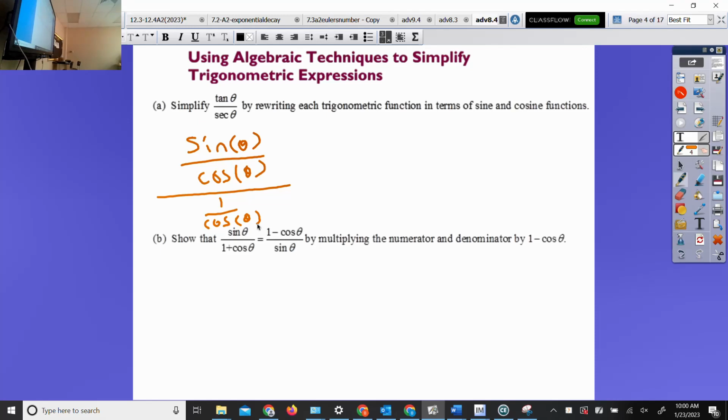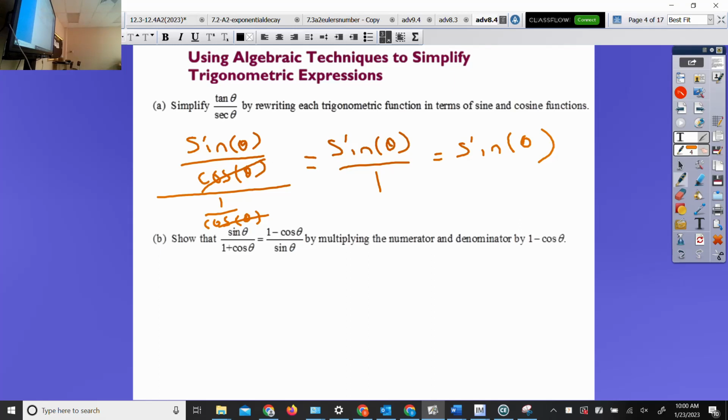That's allowed. It ends up being sine over 1, just sine. So that's the train of thought you can follow. When you see some of these functions, you can rewrite them in terms of sine and cosine.